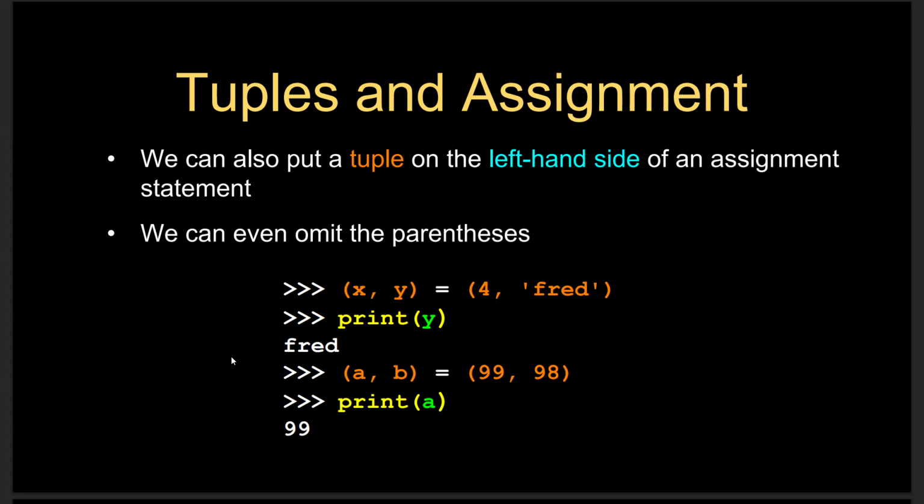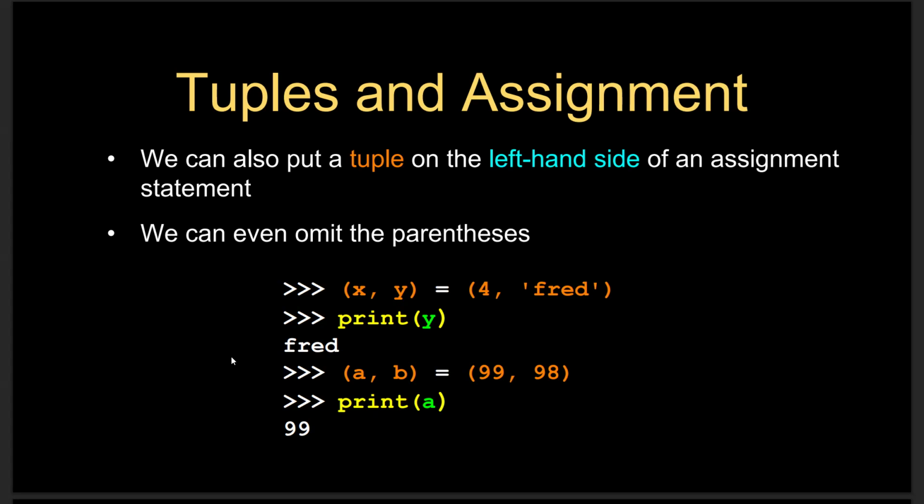So here x comma y is called a tuple assignment statement, equal to 4 comma Fred. So whenever you print y, it will print the value of y as Fred, because x will take the value of 4 and y will take Fred as its value.